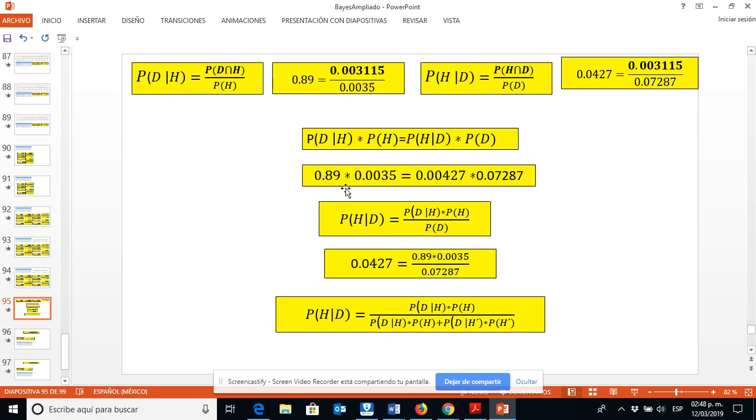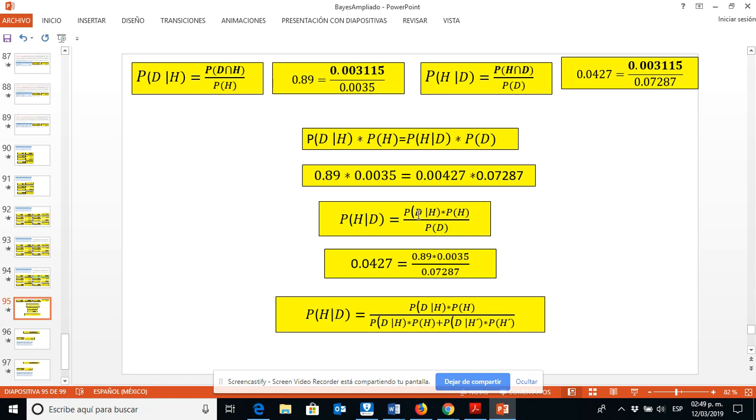We have these numbers, and we will calculate the probability of H given D. So by doing some changes in the equation, we come to the probability of H given D equals the conditional probability of D given H multiplied by the probability of H divided by the probability of D. You see that the probability of H is 0.0035.